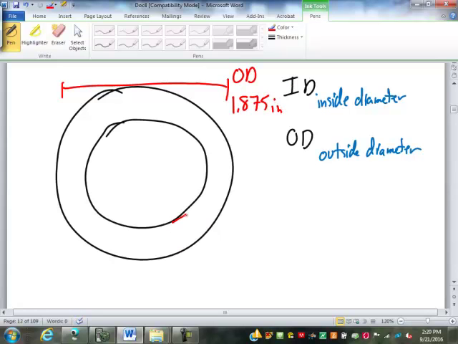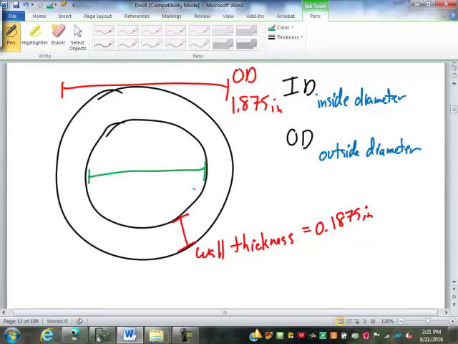And there is a wall thickness of 0.1875 inches. I want you to find the inside diameter. So go ahead in your notes and find that quick.